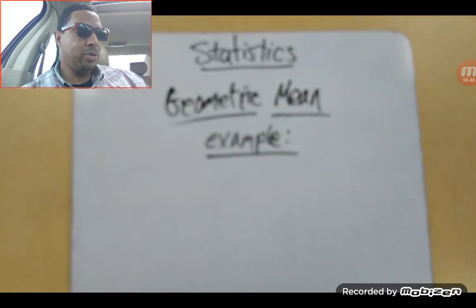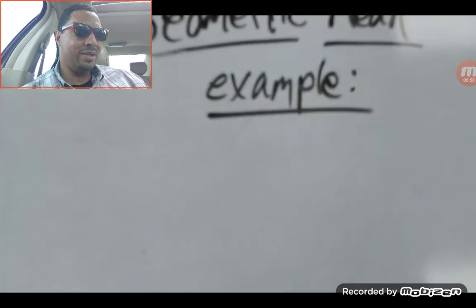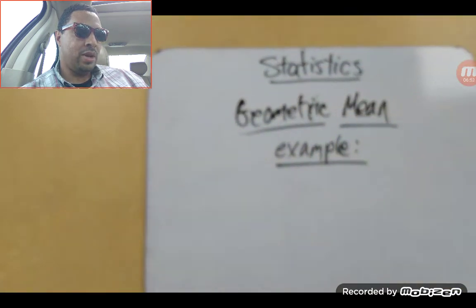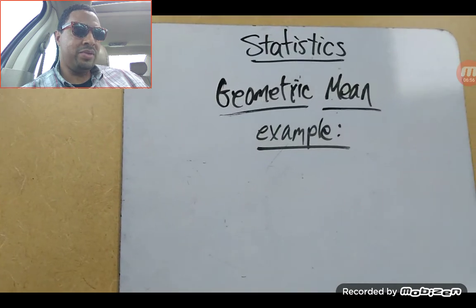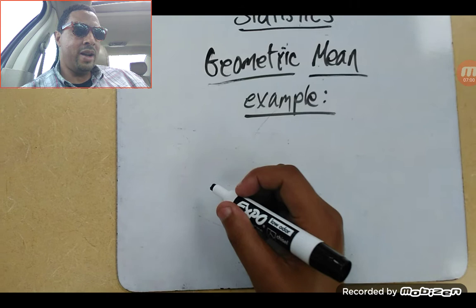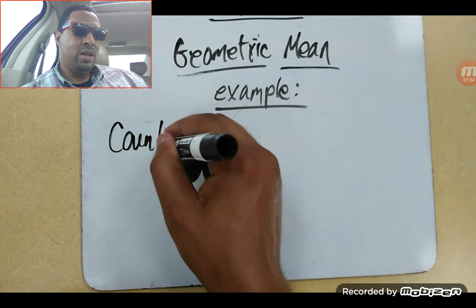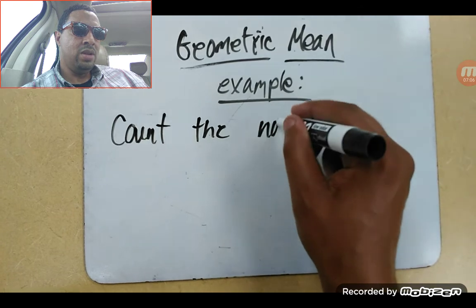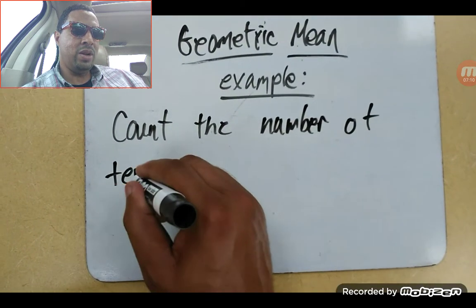Okay, so after we multiply, we're then going to compute the number of terms in the data set. This means to count the number of terms in the data set. So if we open up our brackets here and write down the numbers we have in the set, we have 0.42, 0.52, 0.58, and 0.62. And then we close our brackets.